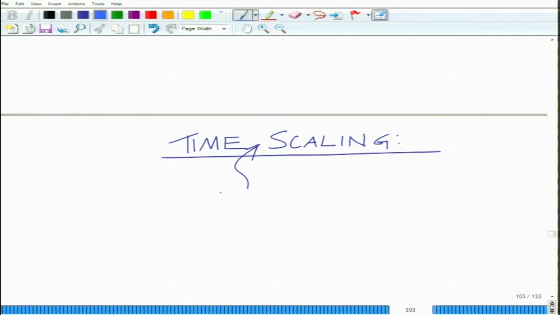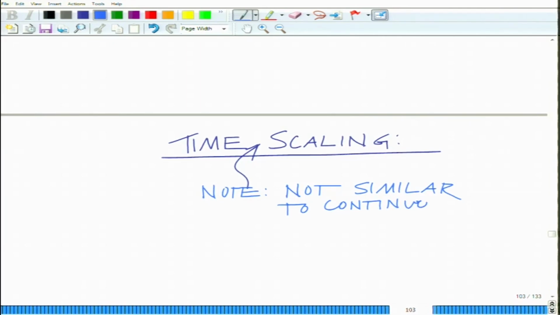Time scaling caution is an important note: while most properties are similar to the continuous time properties, this is not similar to that for continuous time signals.